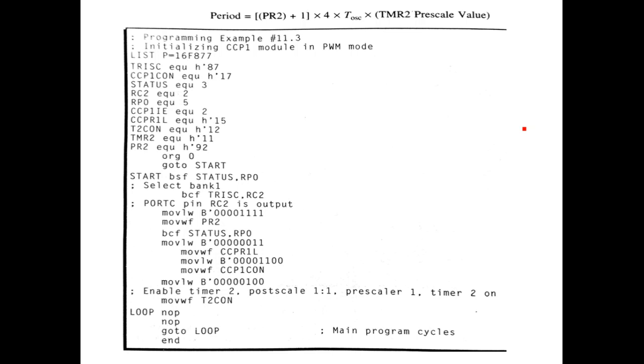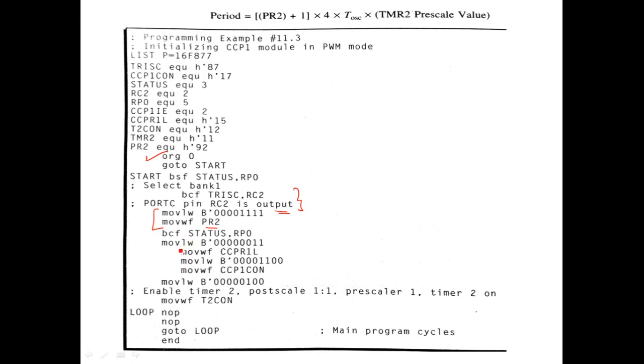Here also you can see that your program actually will begin from this ORG 00. You are selecting the appropriate bank, and you are clearing the bit corresponding to RC2, and therefore you are configuring the port pin RC2 as output pin. Then you are loading the count in the PR2 register, period register.